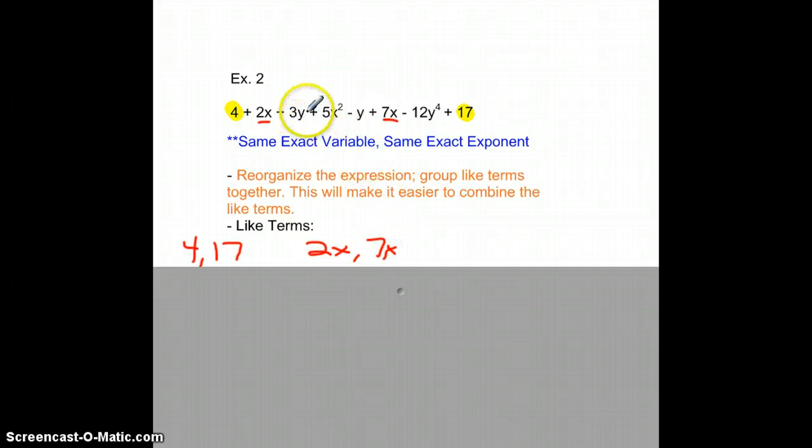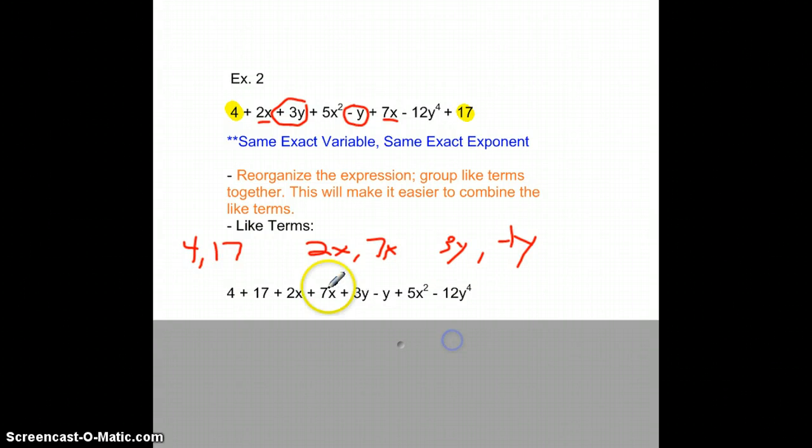Now the y's. There's a y, and here's a y. Keep that negative sign with it. We've got 3y and a negative y. We don't see a number right in front of this y here. Technically, that's a 1. That's negative 1y. We don't usually write the 1 in there, but I will for now, so you see it.